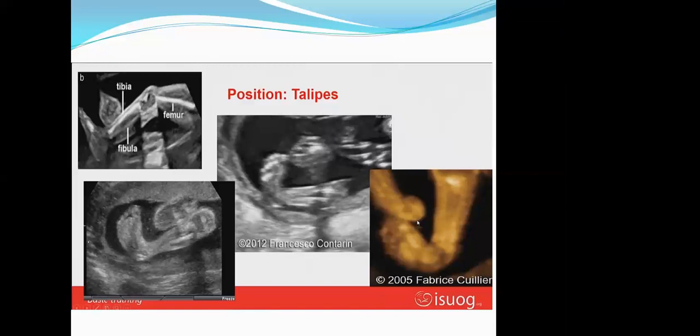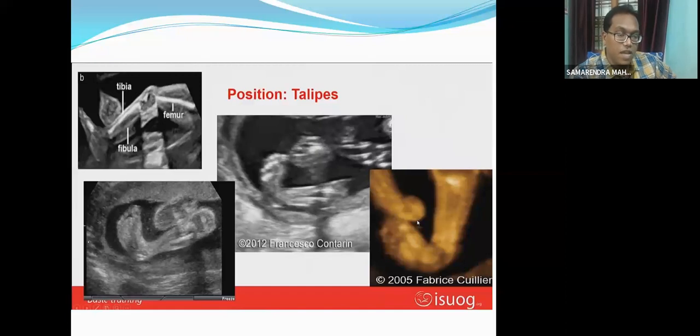And if we are getting in the same plane the tibia and fibula and the plantar view, that means the foot is rotated. It is a case of talipes, claw foot, and the right lower one showing the 3D surface rendering of that claw foot.